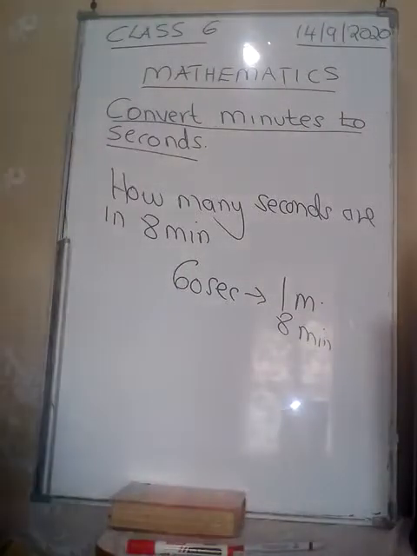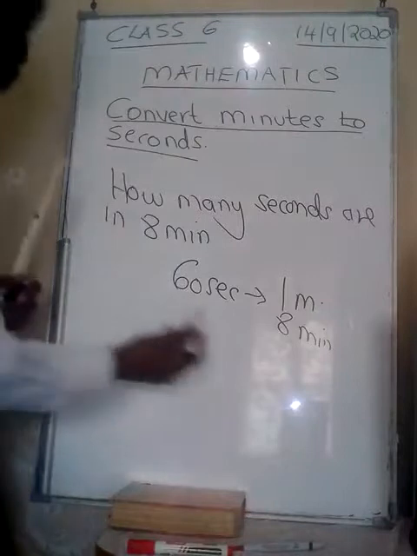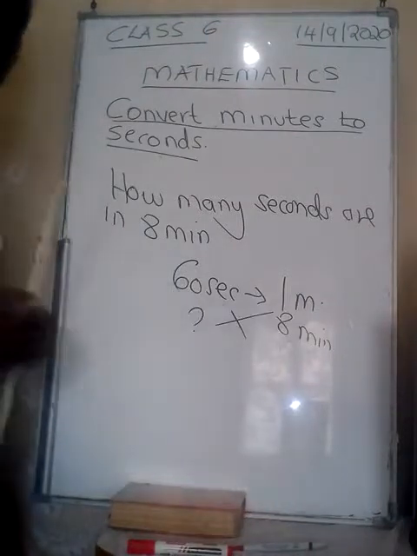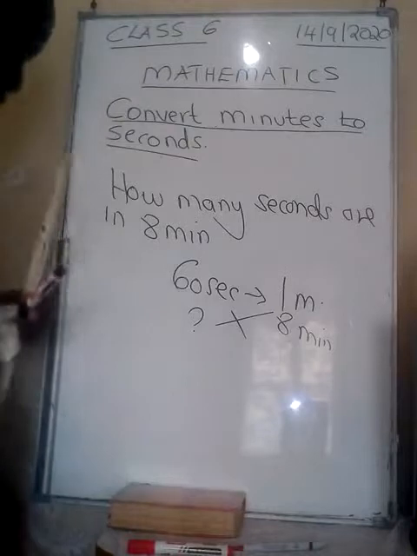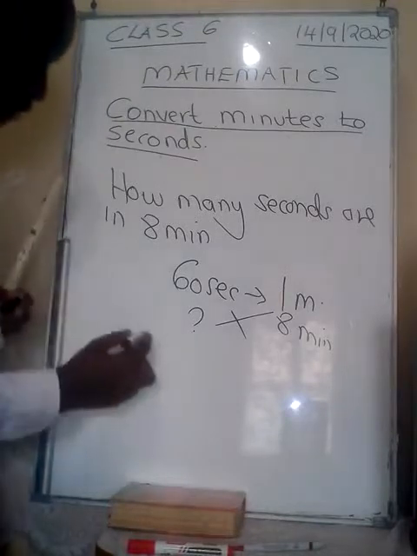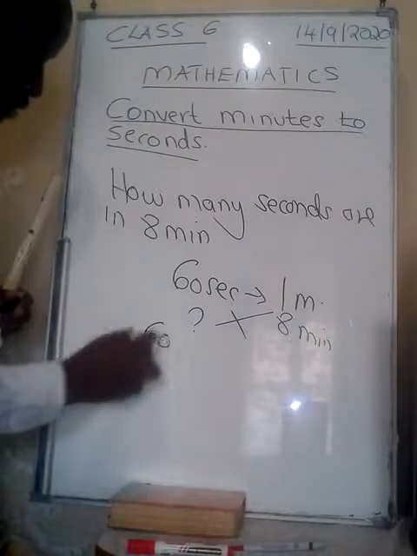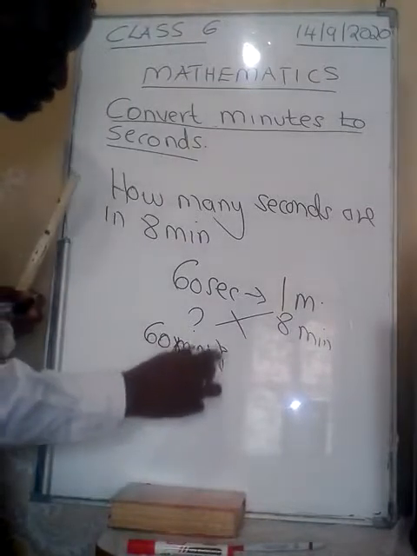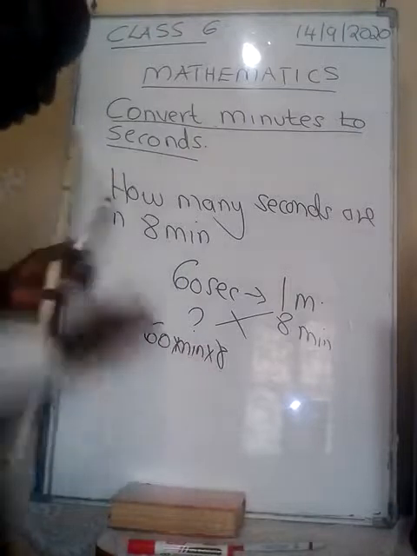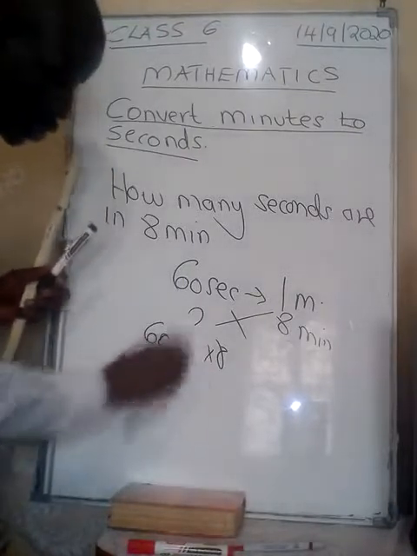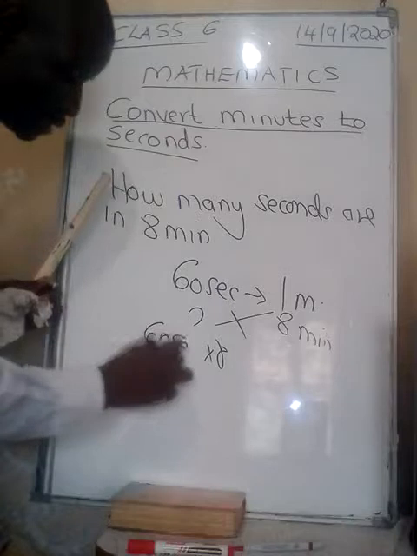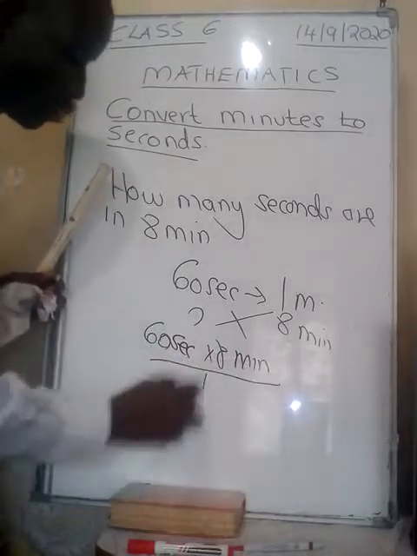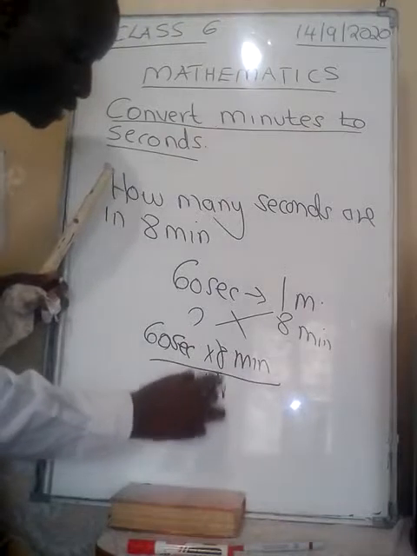We find by cross multiplying. We want to get how many seconds are here. So we take 60 seconds multiplied by 8 minutes, divided by 1 minute.